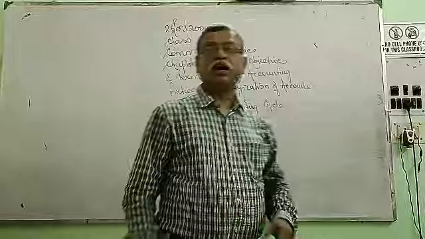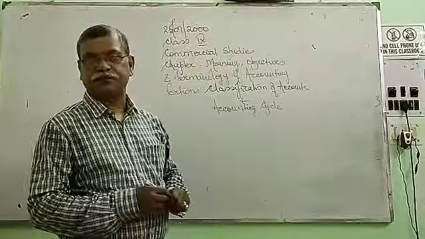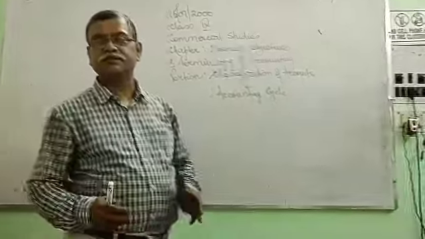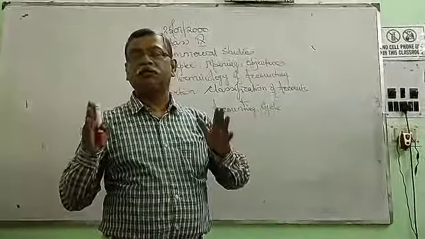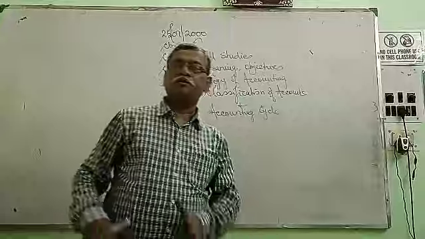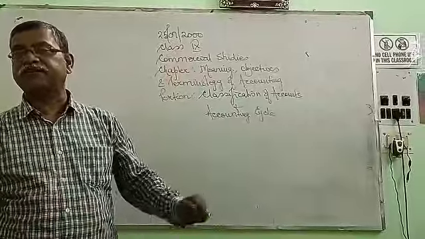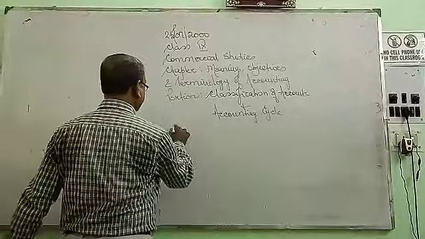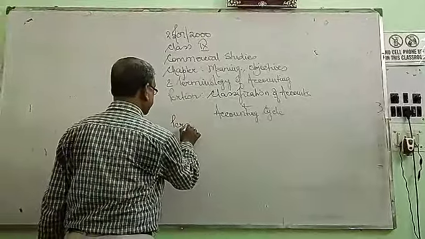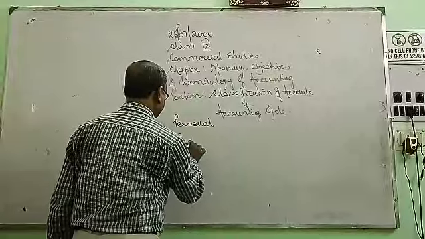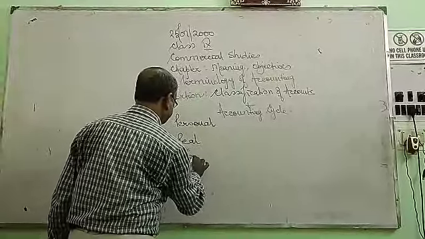Now, the word classification of accounts. Classification means the way accounts are broken up, classified into parts. The first is known as personal account. The second is known as real account.